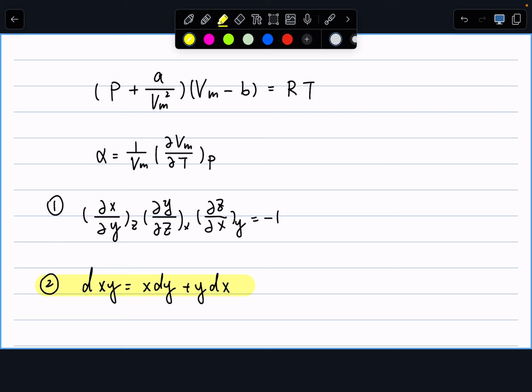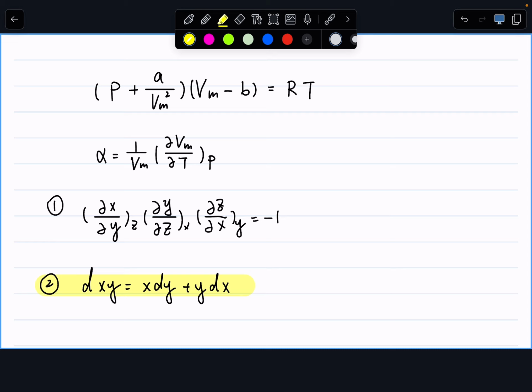Let's do x, so that's p plus a over Vm squared times dVm. Remember before we had d over dt. The d is already taken care of because we're doing the d of xy, so everything is over dt. So that's the x dy term plus the y dx term.